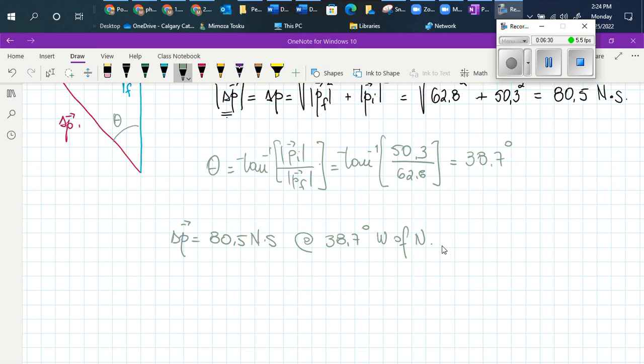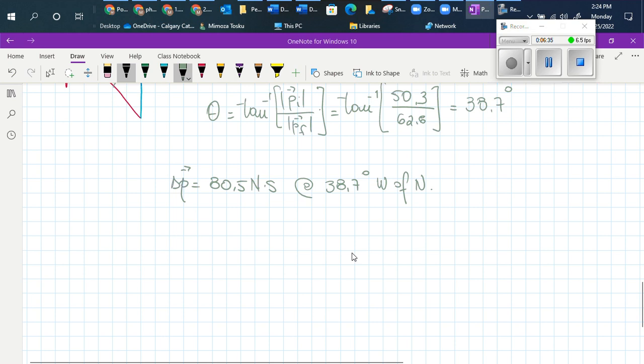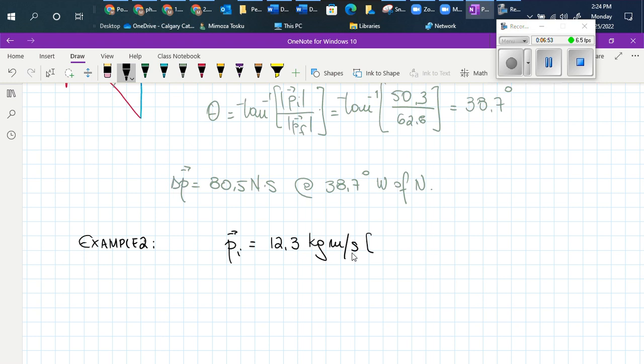The same thing applies when we are dealing with 1D. So let's suppose that we have a situation, example 2, in which P initial is 12.3 kilograms meters per second going east, and P final is 15.5 kilograms meters per second west.